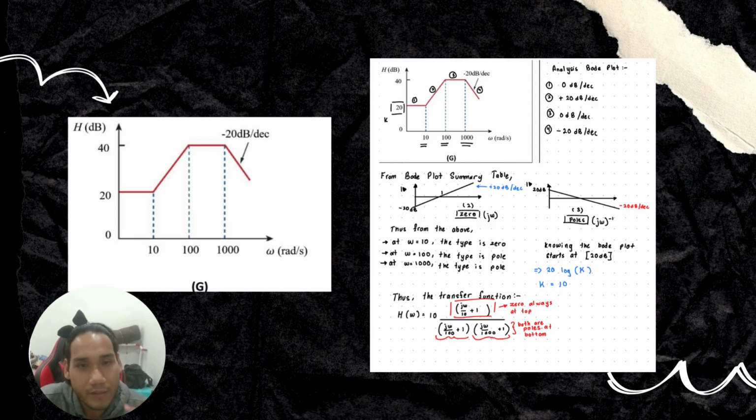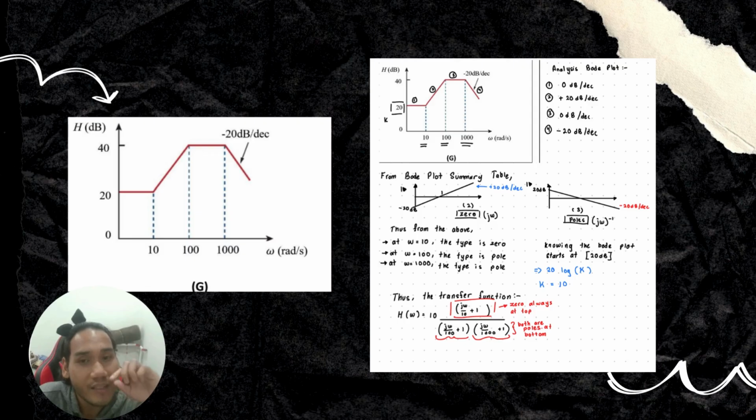Let's examine the slope after this. We have four regions. The first slope is actually a constant slope that determines our constant value, and it increases by 20 decibel per decade, then it goes flat, and then it decreases by 20 decibel per decade.